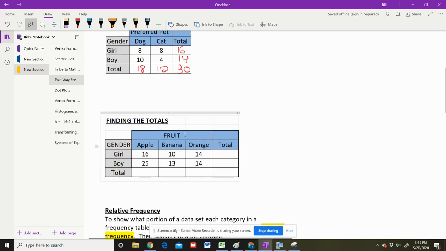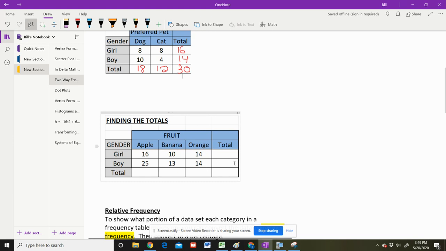So we have another survey where someone was asking students in a line what fruit they preferred during lunch. It's broken down into a two-way frequency table. We've got our gender over here and the type of fruit they liked over here. So 16 girls said they liked apples, 10 bananas, 14 oranges, and 25 boys said they liked apples, 13 boys bananas, 14 boys said they liked oranges.